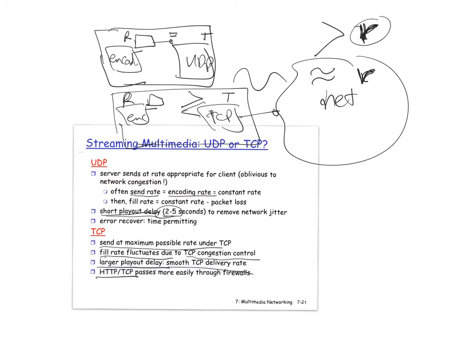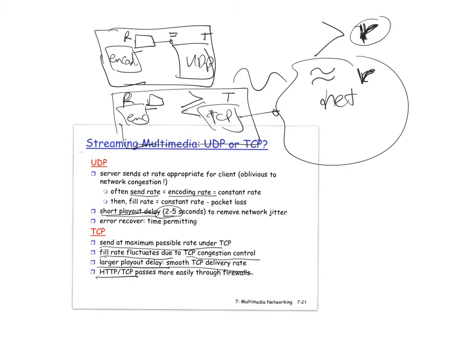So it just gets the audio or the video content and generates samples. That's it. It doesn't do anything special. It converts the analog voice or analog video signal into samples, and then it transmits the samples as is. It doesn't do any compression. So the encoder in that case will have a fixed rate.